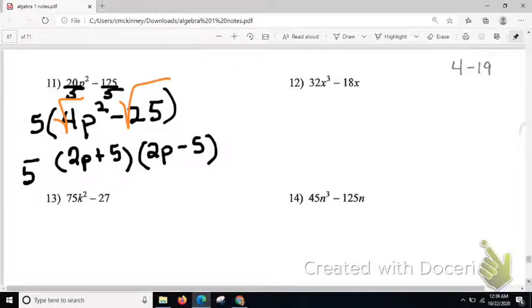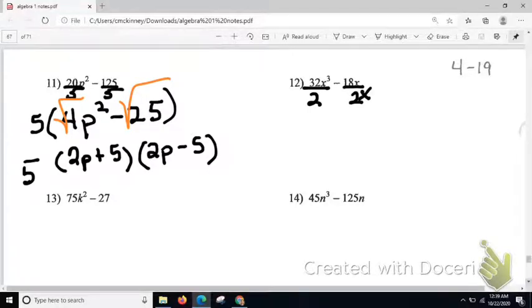So, same thing on number 12. On number 12, we need to find the biggest number that divides into 32 and 18, which isn't all that big, right? It's just a 2. And also notice this time the 18 has an x.